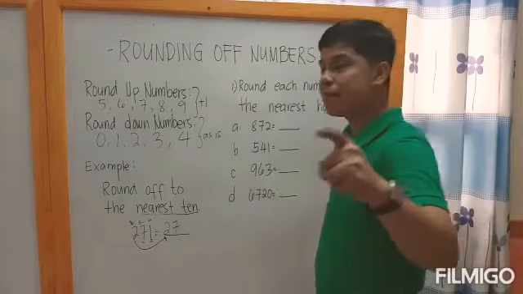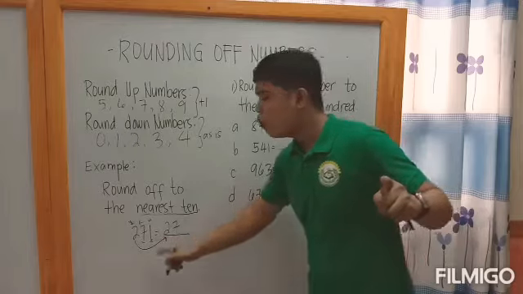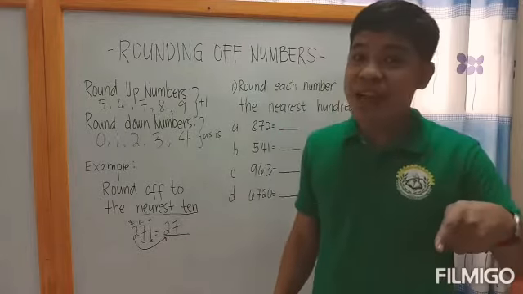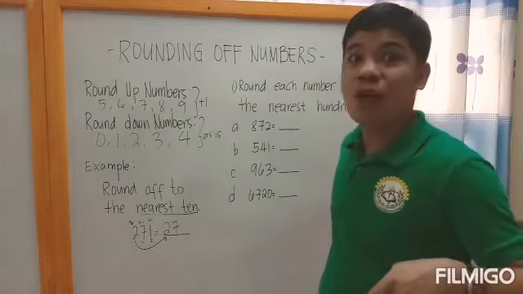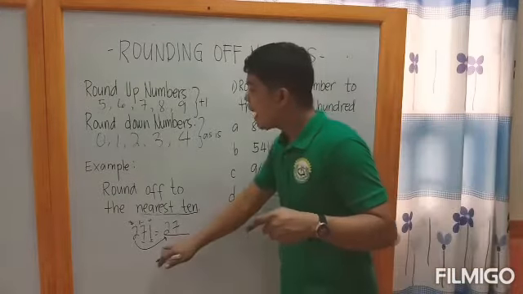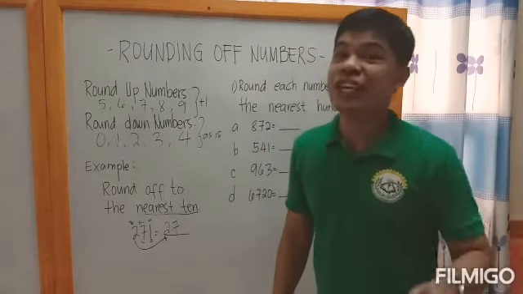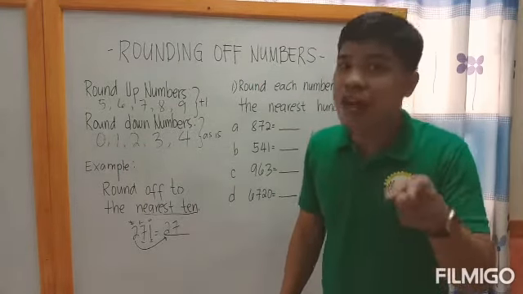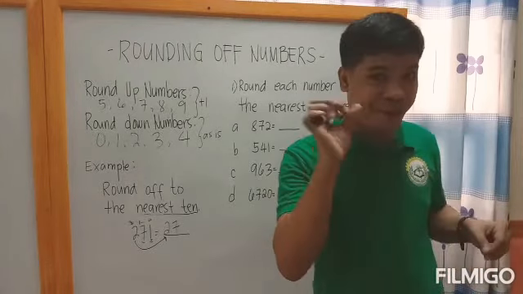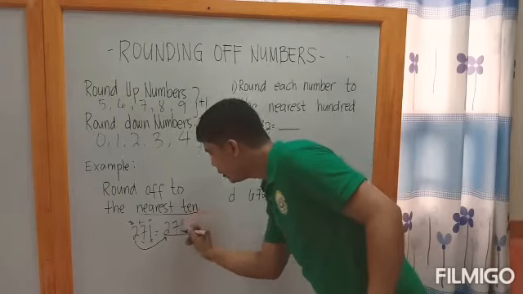Then the nearest number in the right side is 1. What we gonna do with the nearest number in the right side? We turn them into 0, either that is a round down or a round up. The same thing you will do. You will turn them into 0. So 1 becomes now a 0.